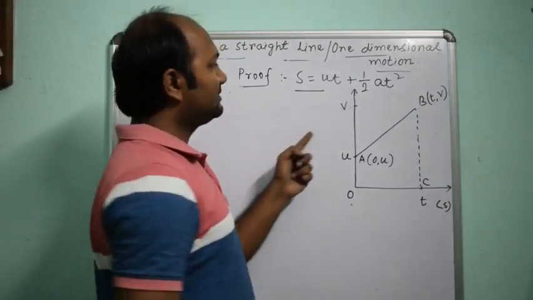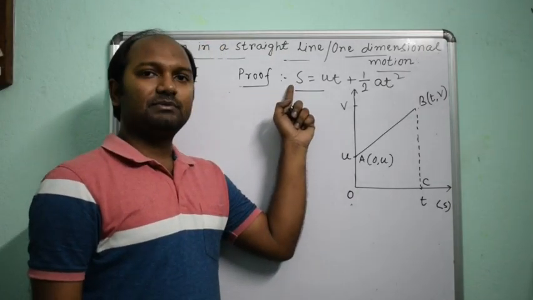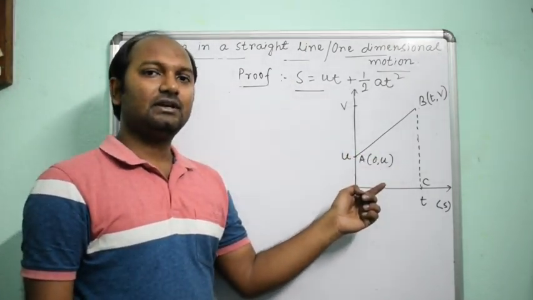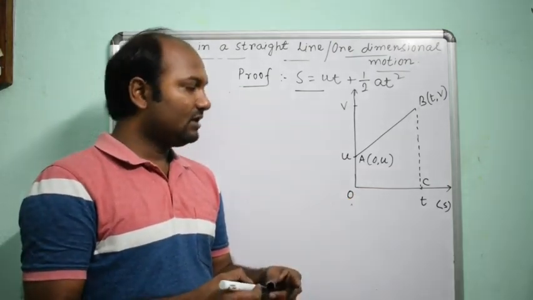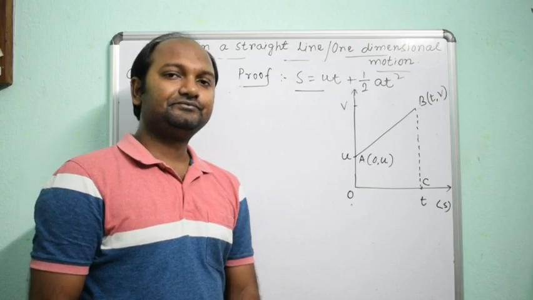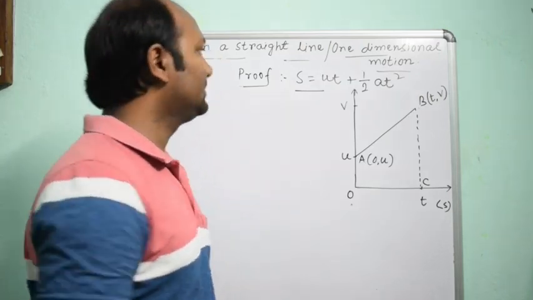So S means you have to find the displacement. So how to find the displacement? If you find the area of the velocity time graph, then it will represent displacement.